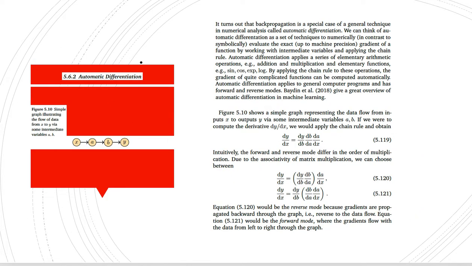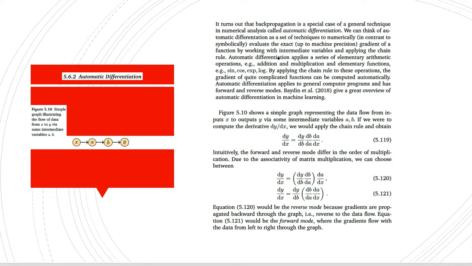Okay, so now we move into automatic differentiation. It turns out that backpropagation is a special case of a general technique in numerical analysis called automatic differentiation. We can think of automatic differentiation as a set of techniques to numerically, in contrast to symbolically, evaluate the exact gradient of a function by working with intermediate variables and applying the chain rule.